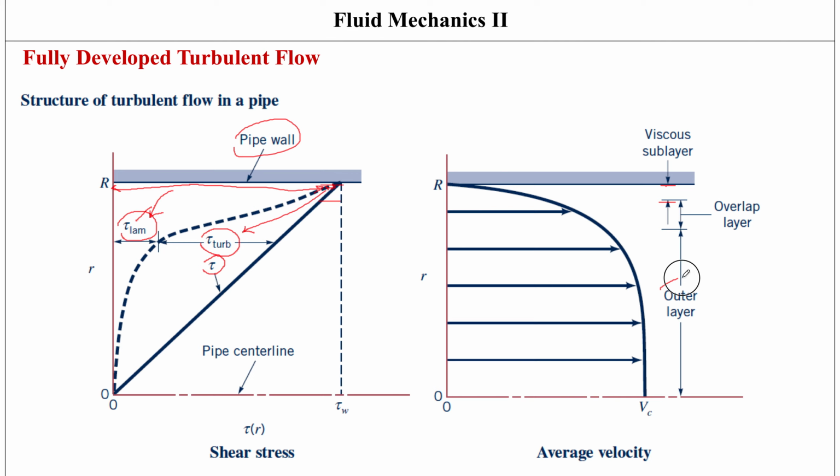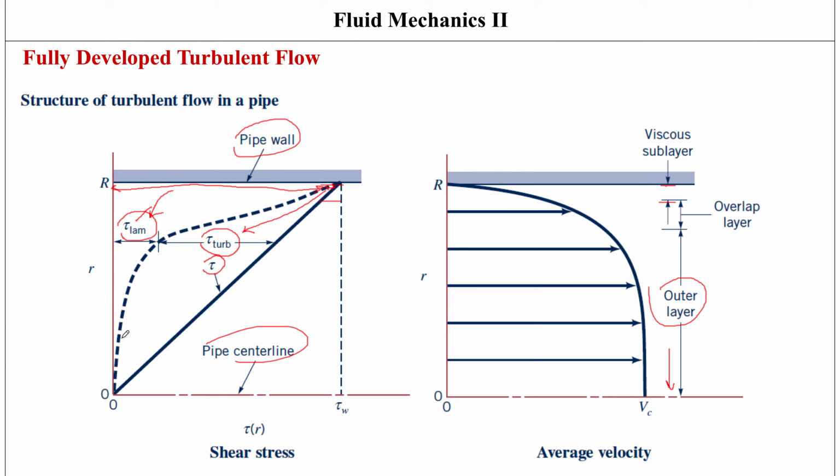Away from the wall, when you're looking at the outer layer, as you move closer to the center line of the flow, what you discover is that the turbulent portion of the shear stress is dominant. How is that so?